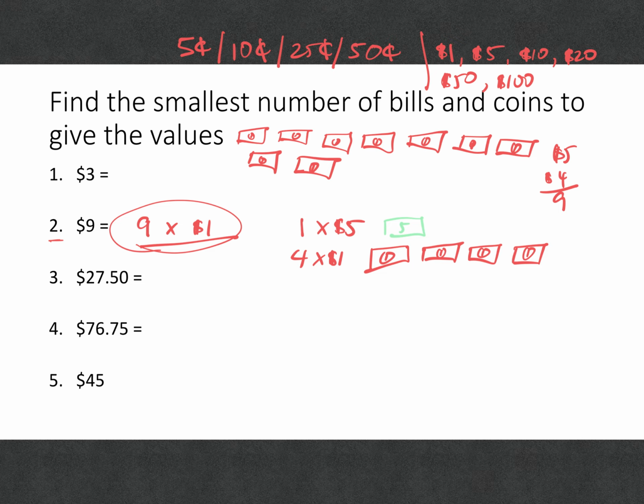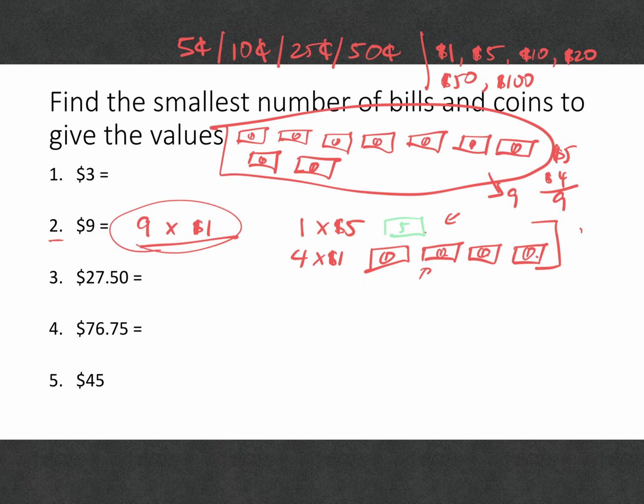Guys, look how much. This is what we'd have to do if we use 9 $1 bills. Or the correct answer is use 1 $5 bill and 4 $1 bills. So in total, this would be 9 pieces of paper we'd have to give them. Whereas over here, 1, 2, 3, 4, 5. 5 pieces of paper we'd have to give to them.